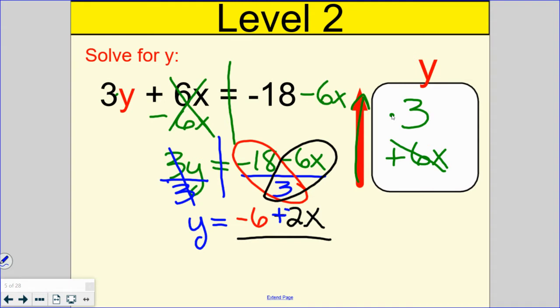And remember, when we add, we can write it in the order that we would like. Adding has commutative properties, so we can switch. Instead of negative 6x plus negative 6 plus negative 2x, we can write it as negative 2x plus negative 6, or even just minus 6. We're going to talk more about this in a minute.